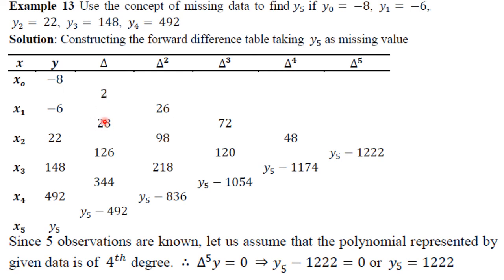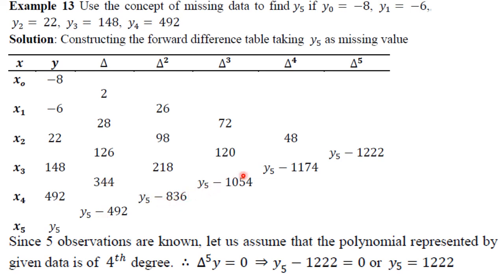So this is 28, 126, 344, and you don't know the value of y5, so y5 minus 492. Similarly, the second one, that operator is 26, 98, 218, and then y5 minus 492 minus 344. So the answer is y5 minus 836.